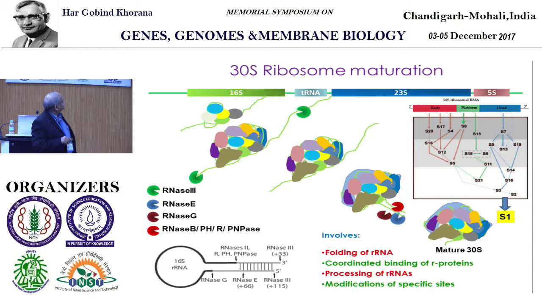You have extensions to 5' and 3' of the 16S, which gives rise to your 17S rRNA, and that is then finally processed into the 16S rRNA. There are many ribonucleases involved, which are listed, and I'll keep coming back to these. So you then finally have the mature 30S ribosome.